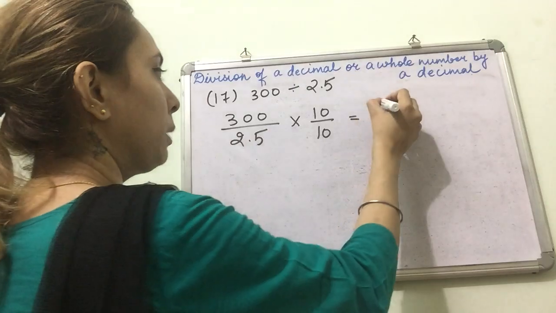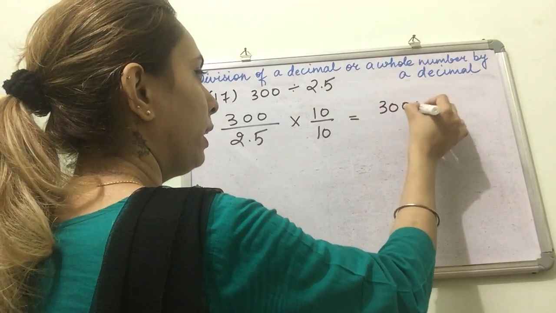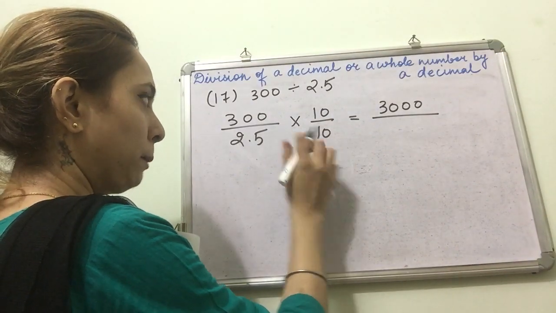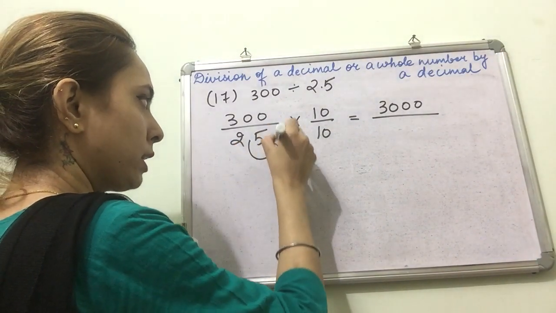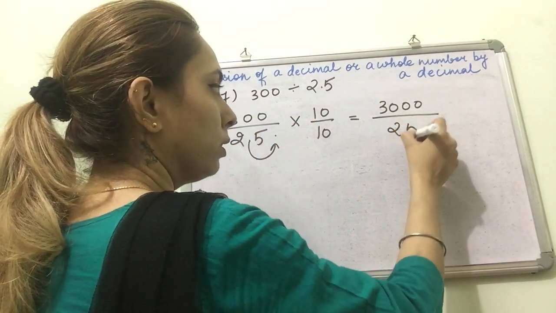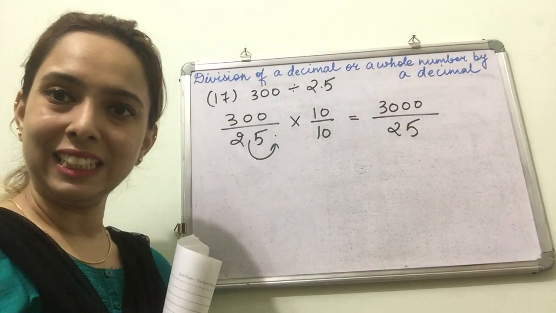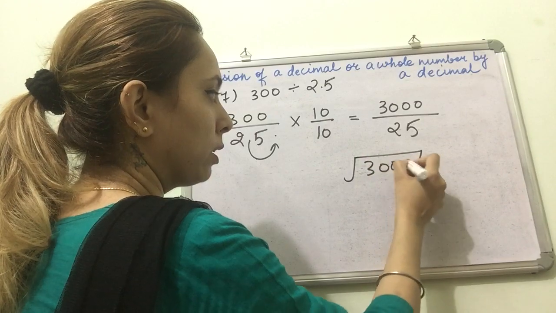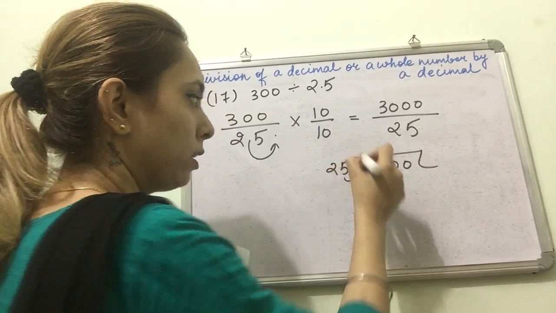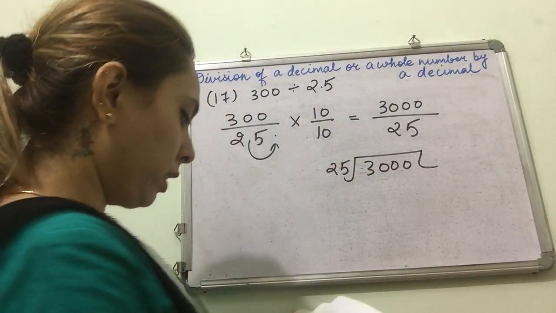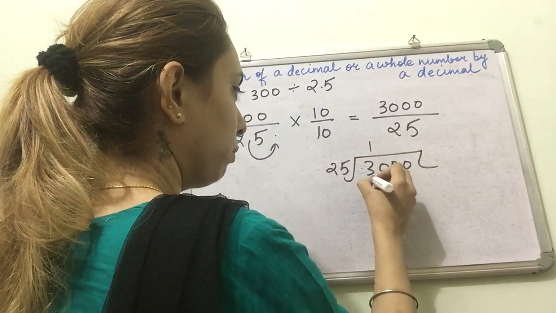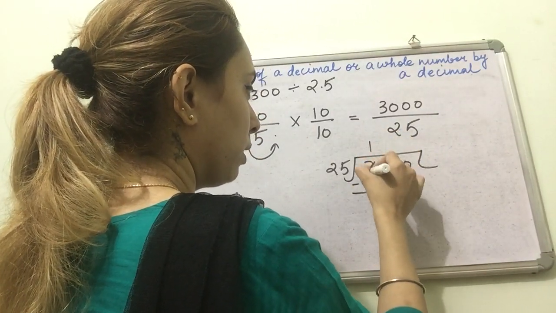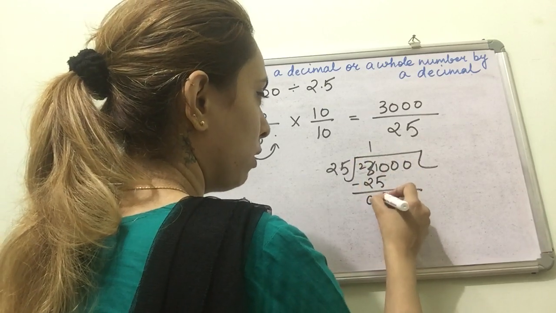So 300 multiplied by 10, you will get 3000 upon 2.5 multiplied by 10. This point will be shifted toward this side, so it becomes 25. Now you can perform the division easily, and this division is very simple. You can solve it. 25 ones are 25. 0, 5.